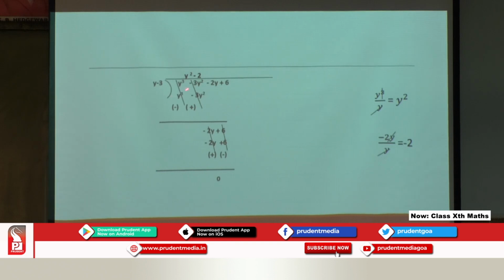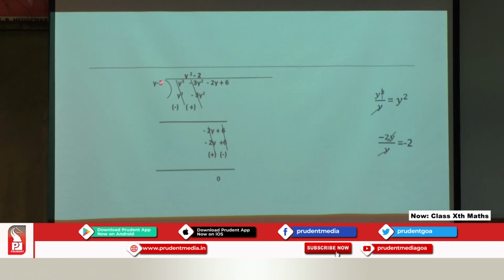The first step: the highest power term of the dividend is y cube, divided by the first term of the divisor, that is y. So y and y cancel, we get y square, and this y square is the first term of the quotient.